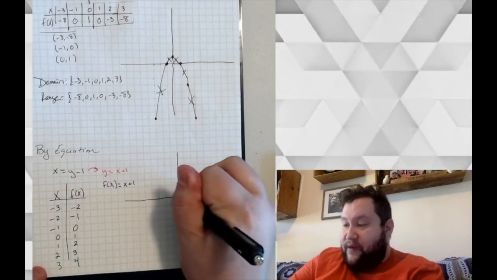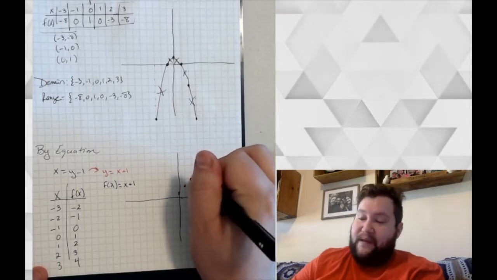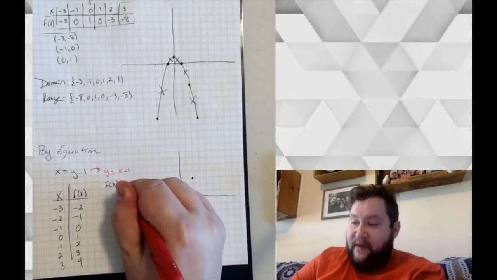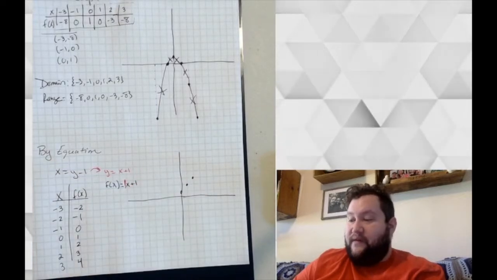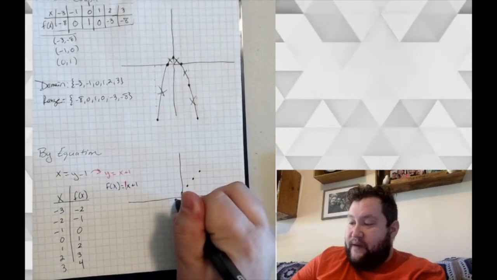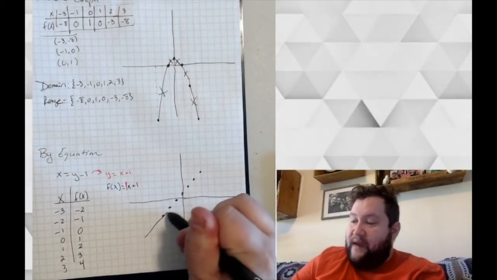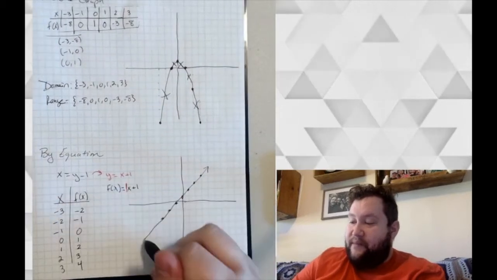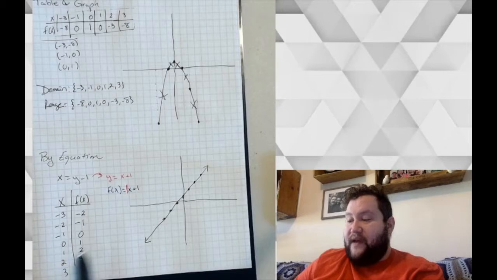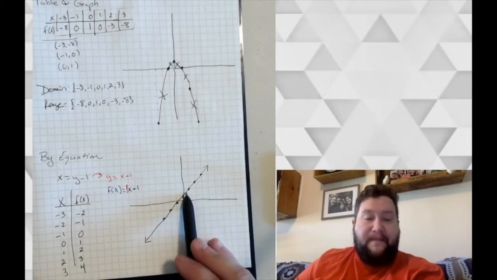So we have 0, 1, 1, 2, 2, 3. And we could also be like, well, we recognize this. This is our linear equation with slope 1. So we can just go up 1, right 1, down 1, left 1, and so on. And even though I only put my points at my integers, we know at -0.5 we're at 0.5, or at 0.5 we're at 1.5.